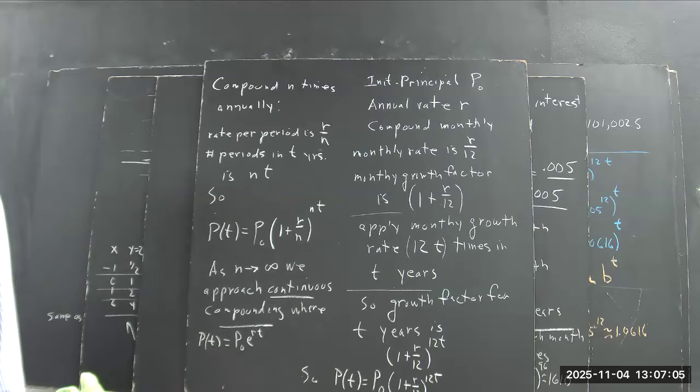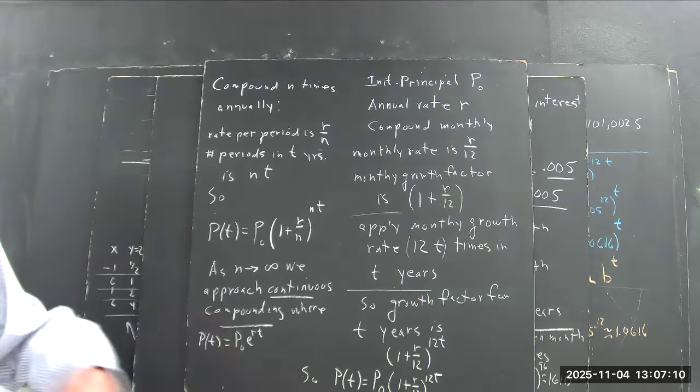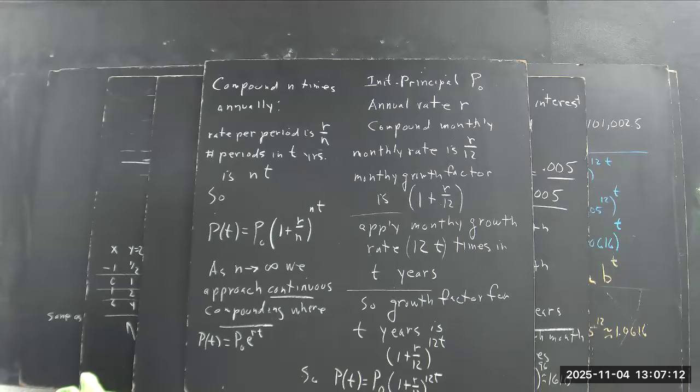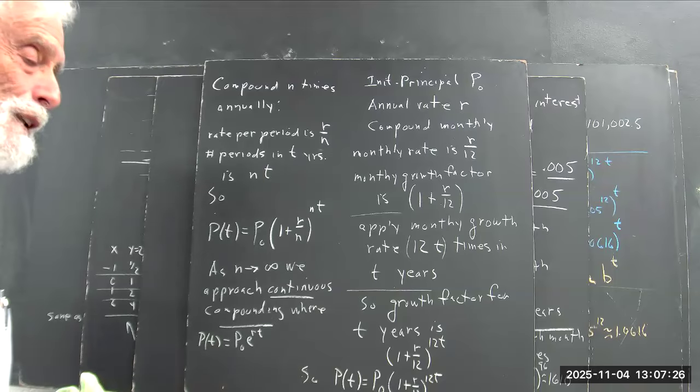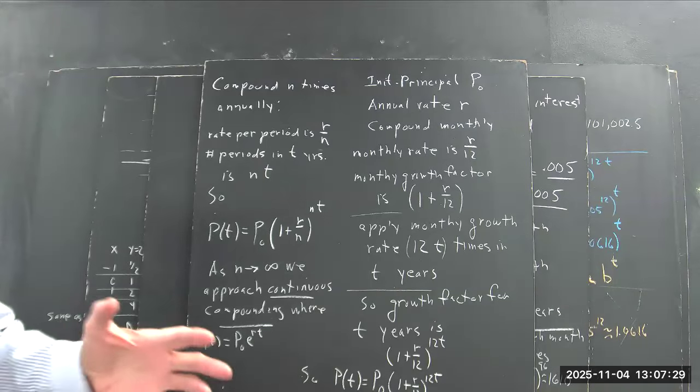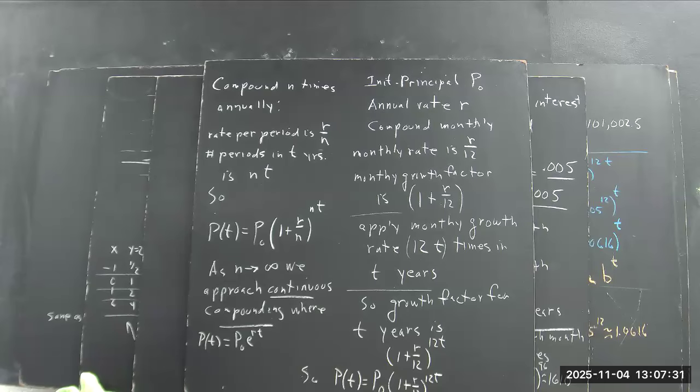And it gives you more money. Okay. Because you're compounding every instant. Another thing I started thinking about when I was 11 or 12 years old was continuous compounding. If you think about it, it means you compound more and more times, less and less percent each time, but it keeps growing. Okay.